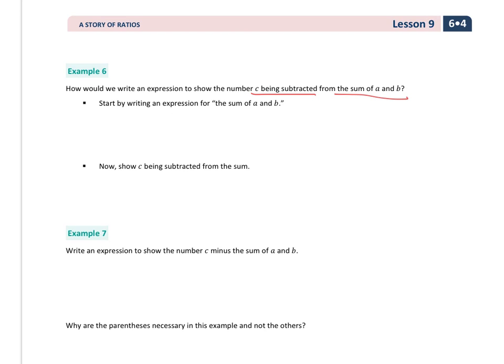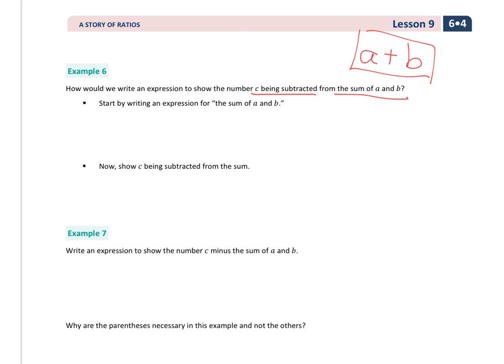So the sum of A and B we could write as A plus B. We're just adding those together. And then C is being subtracted from this. So does that mean that it's C minus A plus B, or is it going to be A plus B minus C?